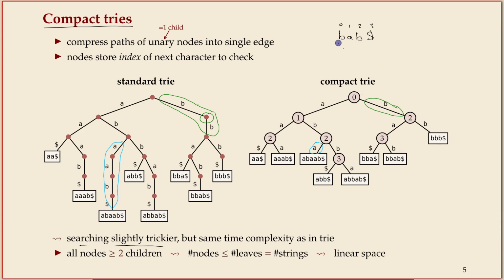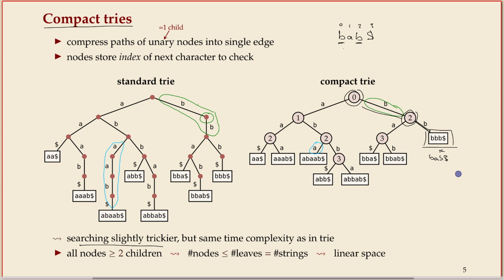In this case, it's character 0, so we look at the B. The next edge down from there is determined by whatever that first character is, in this case B. So we go from here down to that one. Now that node tells us index 2 is to be looked at next, so we just look at this, and we go down here. In that case, we find a leaf, and then we still have to do a last check where we compare the entire query string to the string in the leaf. And in this case, we would find that BAB is not the same as BBB.